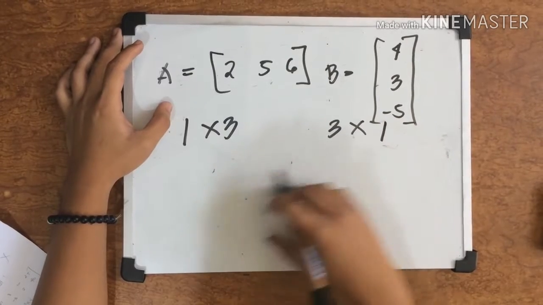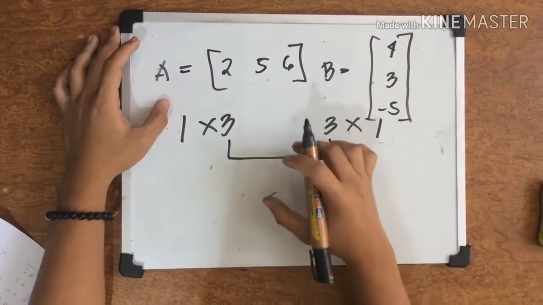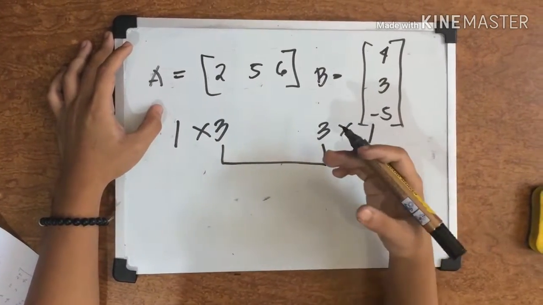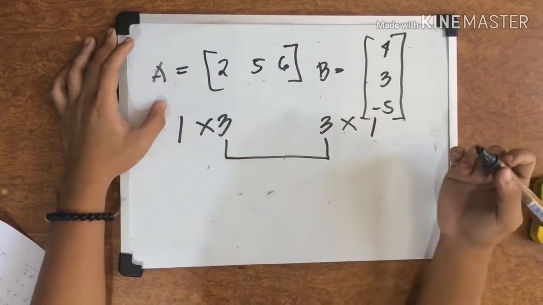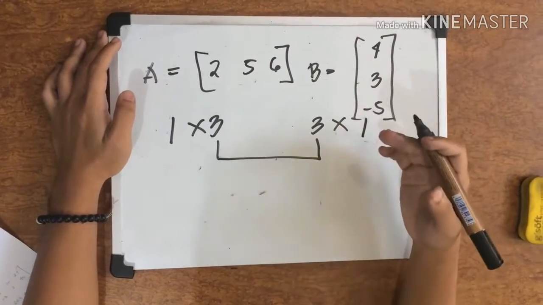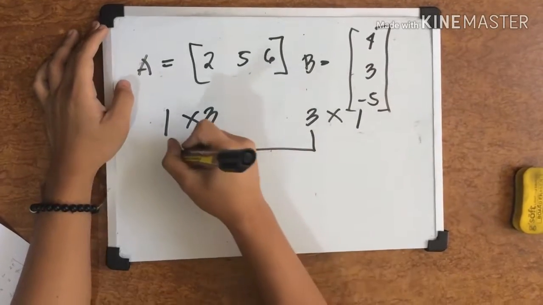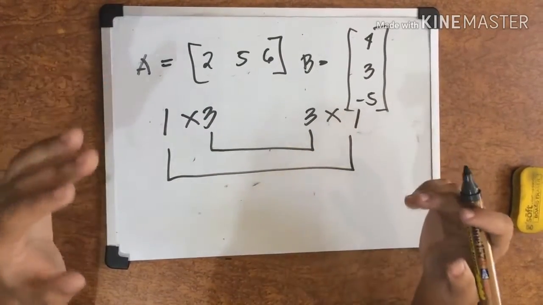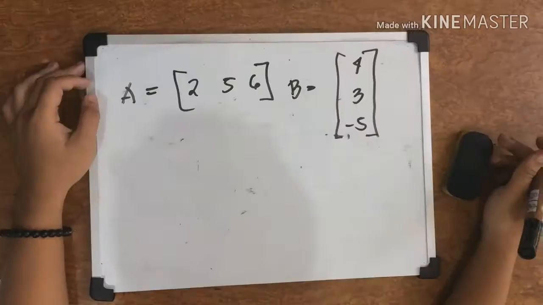So you can see that these two are the same, which means we have satisfied the rule in multiplying two matrices. So the output of this product, you can identify the order of the elements by knowing these two.